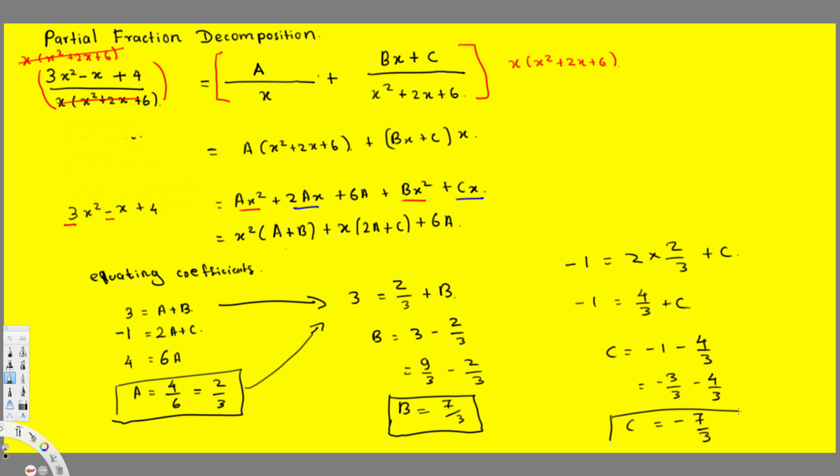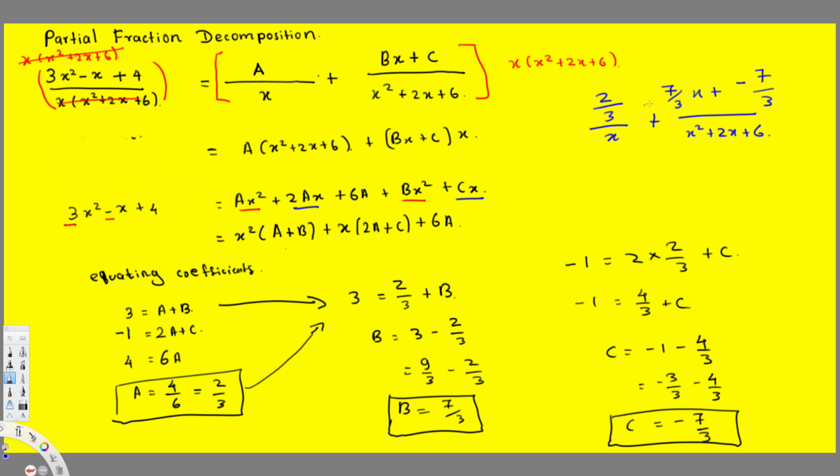So now we have a, b, c. All we have to do is simply substitute in the original expression right here. So I will get 2 by 3 divided by x, plus b, which we know is 7 by 3, so 7 by 3 x plus minus 7 by 3 over x squared plus 2x plus 6.